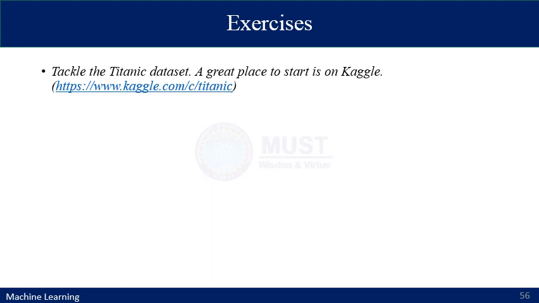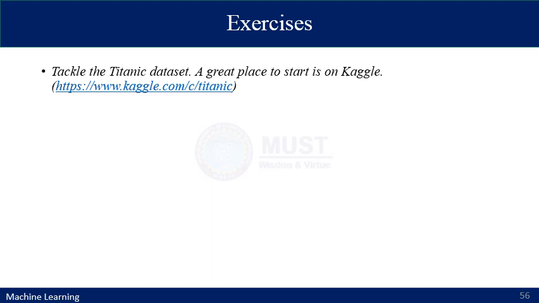So that is the end of this lecture, but I would like to suggest you go through the lecture code provided with this file on the CMS, and you should also try to tackle the Titanic dataset, which is a great place to start on Kaggle.